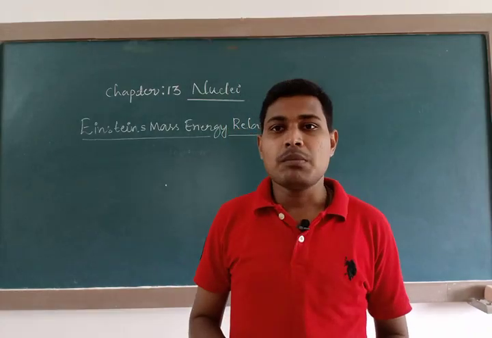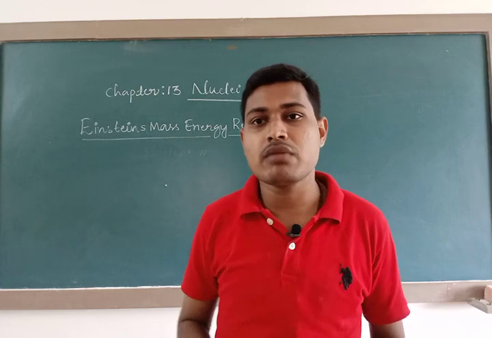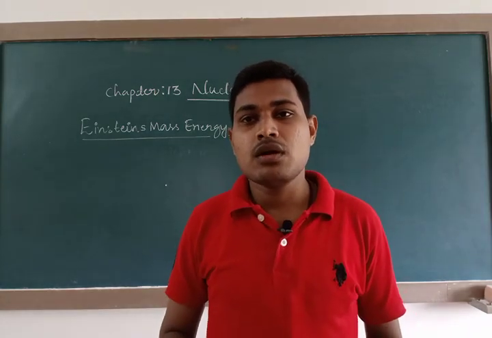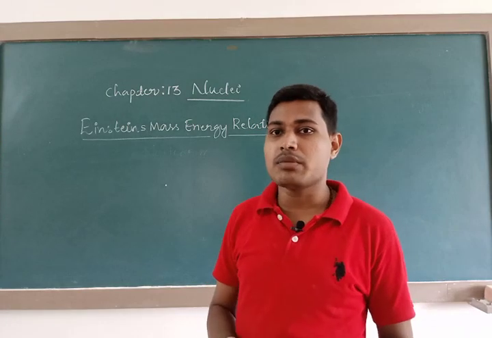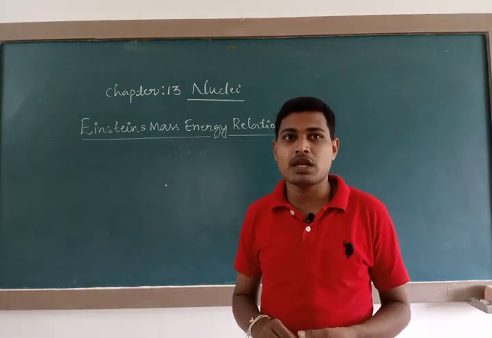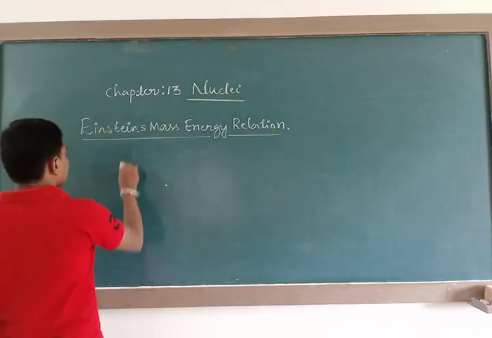It means mass can be converted into energy as well as energy can be converted into mass. So what is that mathematical form of that conversion of energy into mass or mass into energy?